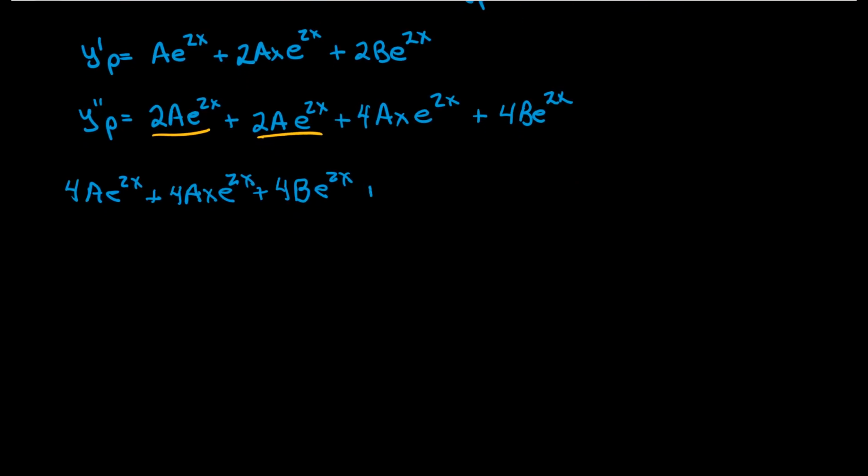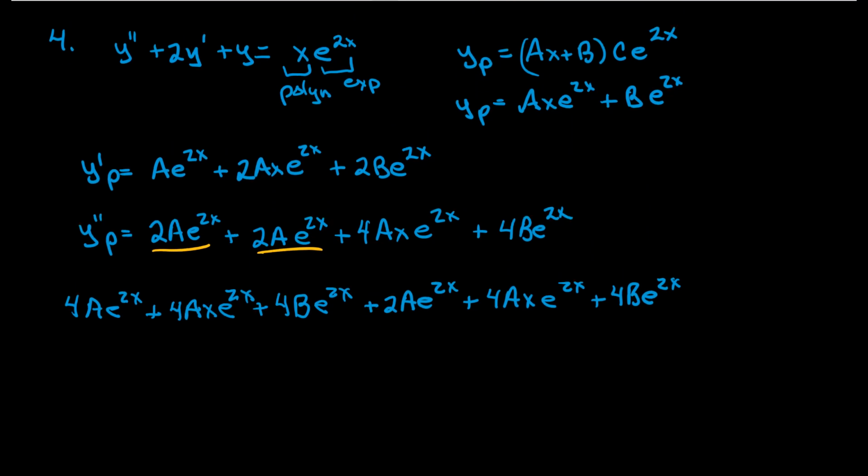So that's going to give me plus 2a e to the 2x plus 4ax e to the 2x plus 4b e to the 2x. So there's that term.